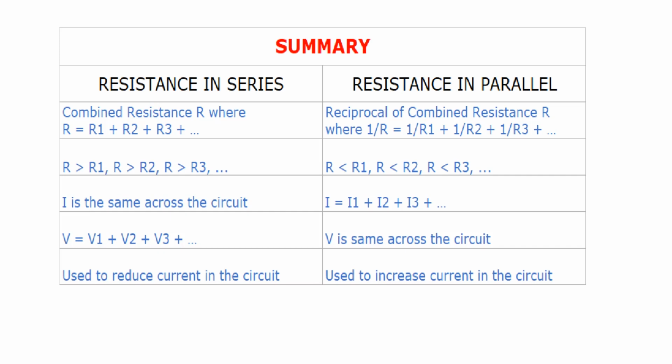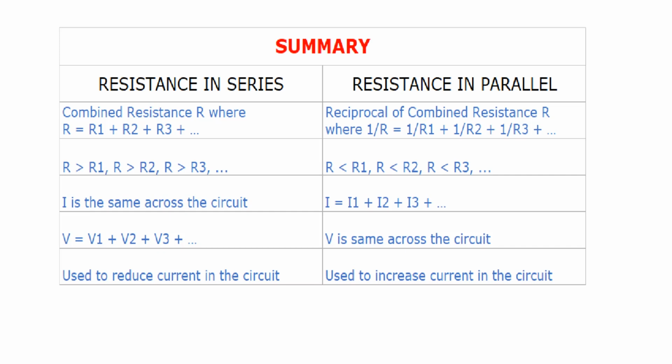So let's see how series combination works. It can be controlled by a single switch, but if one appliance stops working, the circuit breaks and the whole system stops working. Power supply voltage V is generally 220 volt. In series, V is equal to V1 plus V2 plus V3, that is V is shared among all the appliances and they get low voltage.